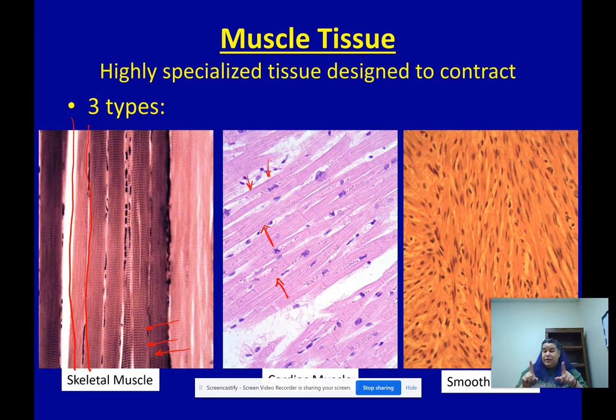So what does that mean? It means that all of the nuclei have to be pushed out of the way so that all of these fibers that are crawling like this have the ability to grab hold here and cause the contraction.